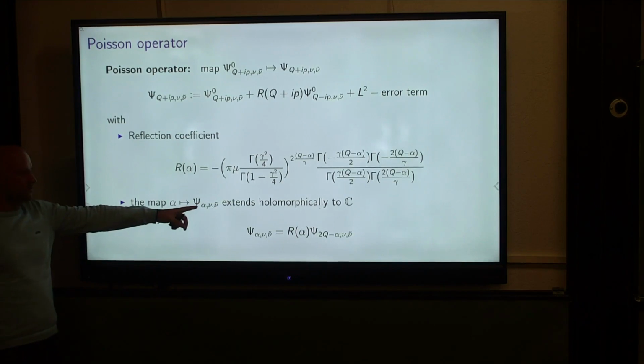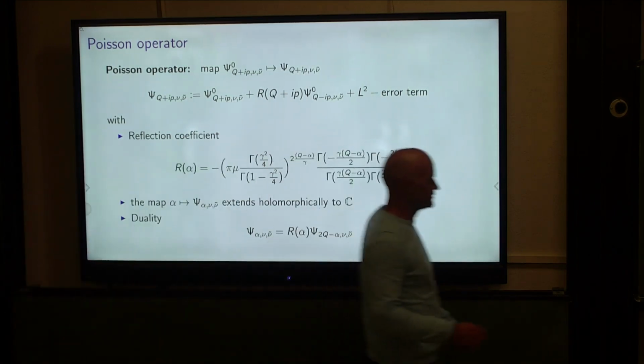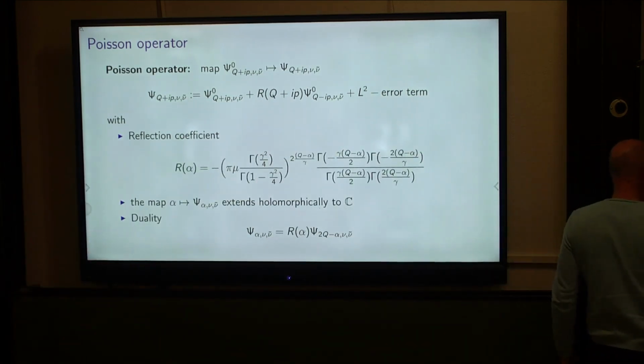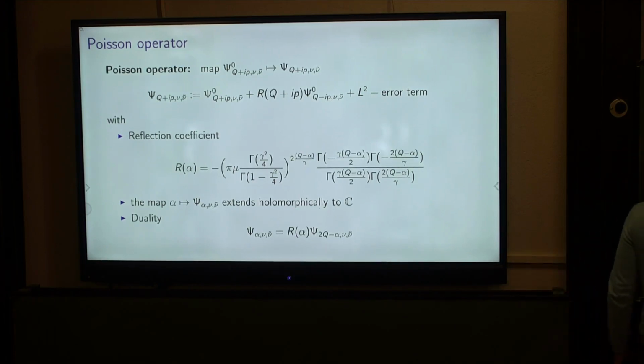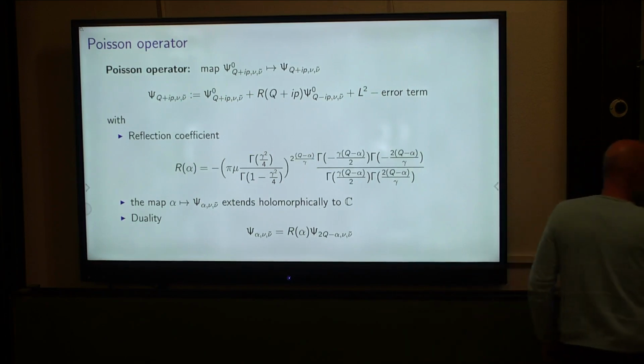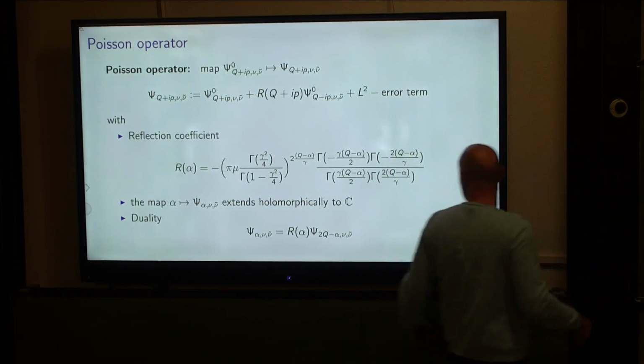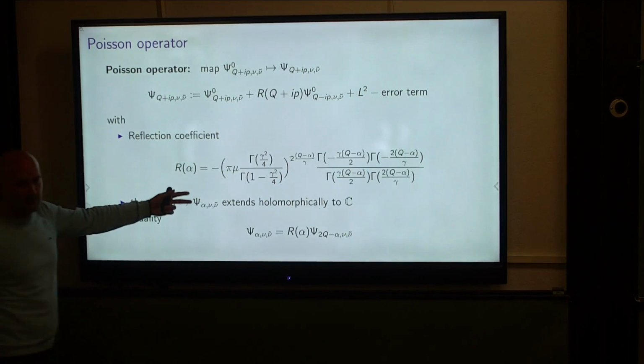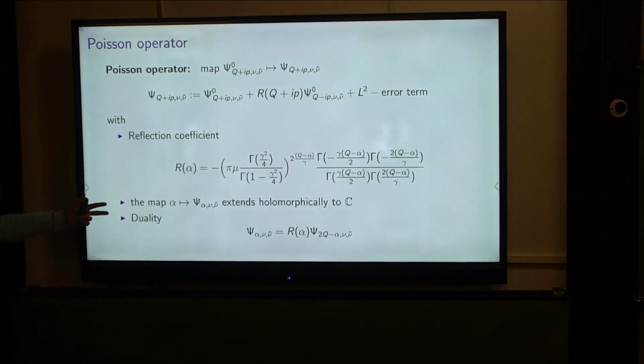Well, this is not a surprise. If you just look at the eigenstates of the Laplacian, they look like this. So for sure you can analytically continue them with this map, right? So here it's more general, but it's not a big surprise that there is analytic continuation.